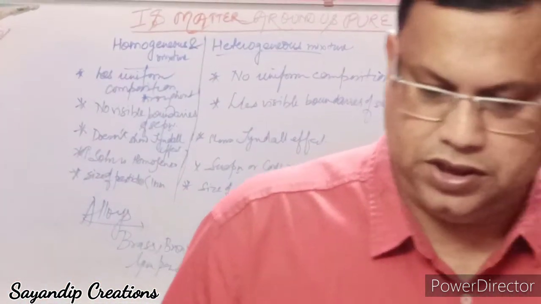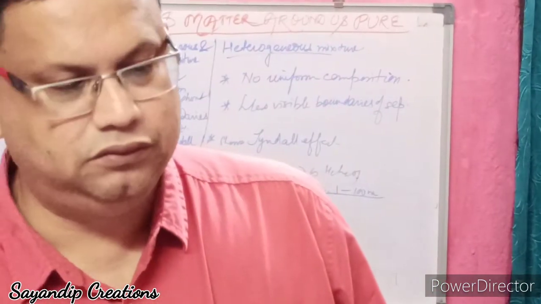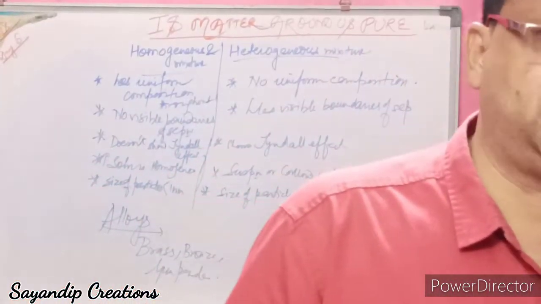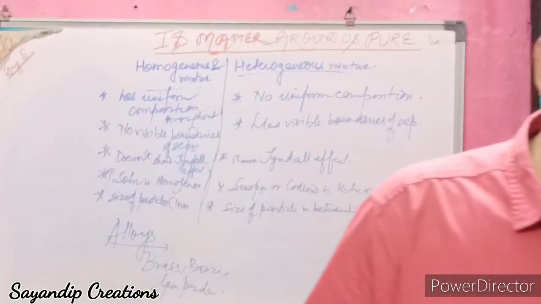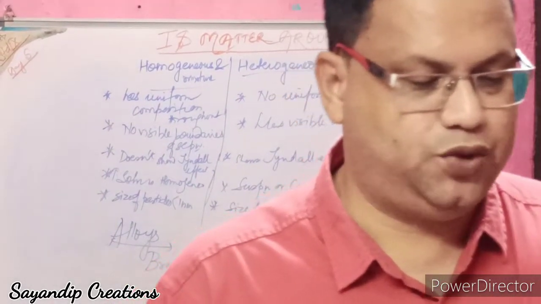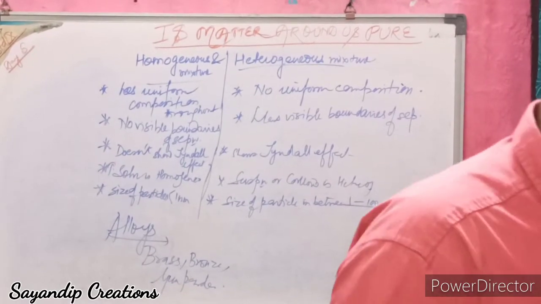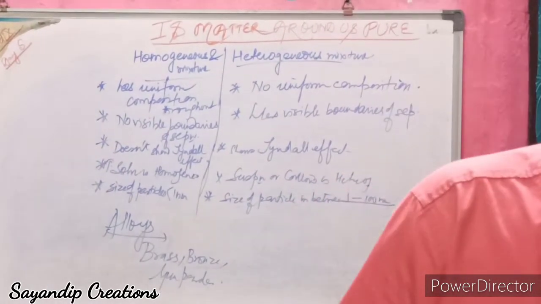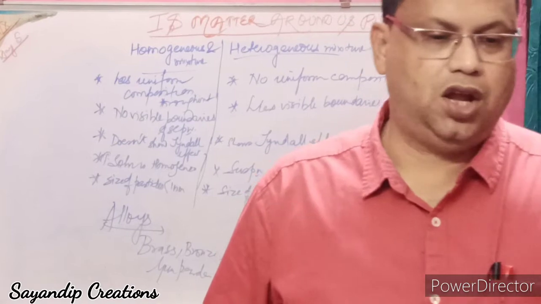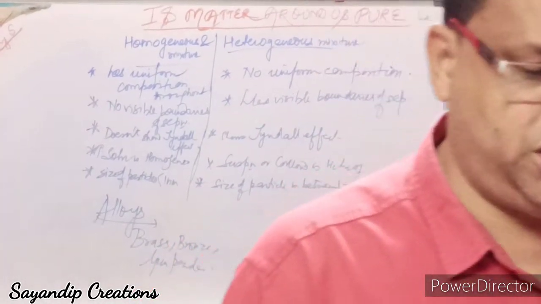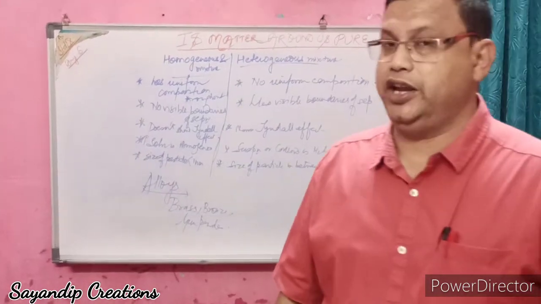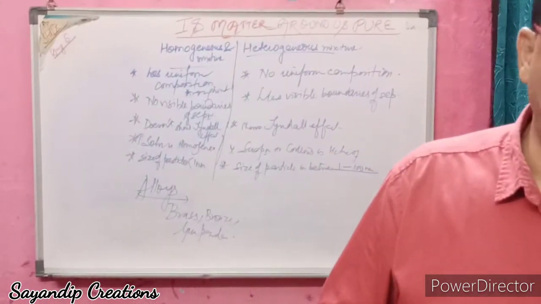Now, some examples of homogeneous and heterogeneous mixtures. Please, in your book, page number 74, there is one chart given, type of the mixture, homogeneous mixture and heterogeneous mixture. Under gas in gas mixture, air is a homogeneous mixture. Gas in liquid, aerated water is homogeneous.